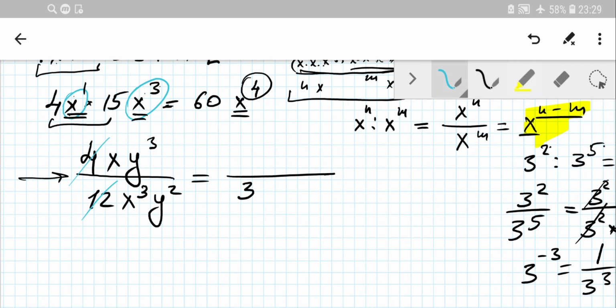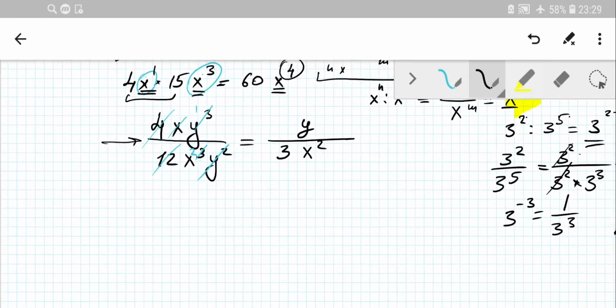I also can cancel 4 and x cubed. I prefer the cancel way, and I'm left with x squared, so I'll put x squared in the bottom part. What about the top? Of course I cancel it completely, and instead of 3 I'll get just 1. So I'll get y in the end. Okay, you see how it works.